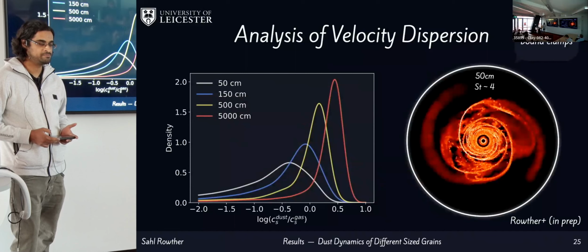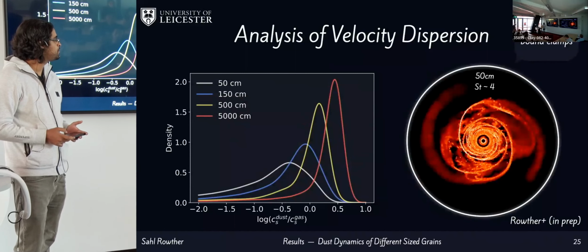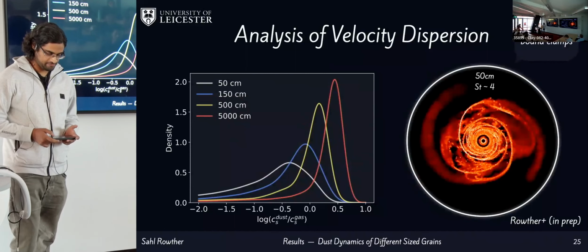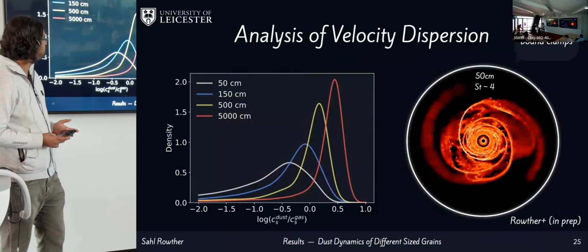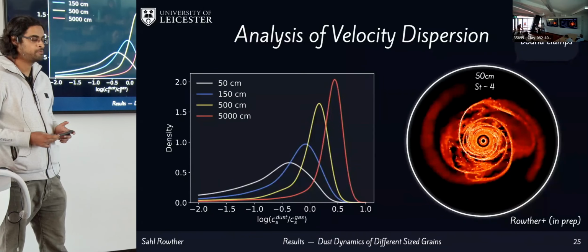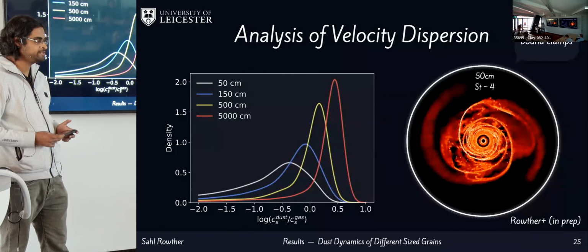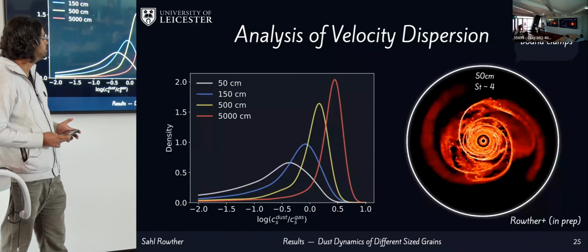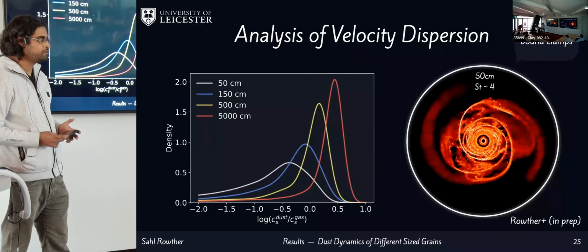To help understand why, we turn to the velocity dispersion of the dust, which is shown on the left. So on the left, it's the probability density function for the velocity dispersion for one of the simulations on the right.